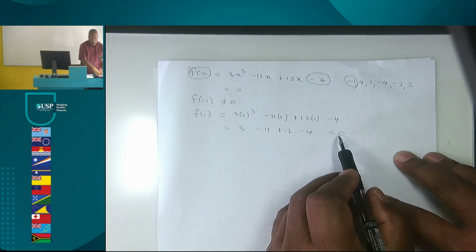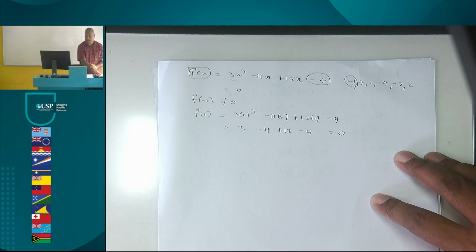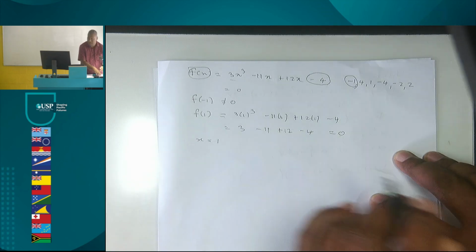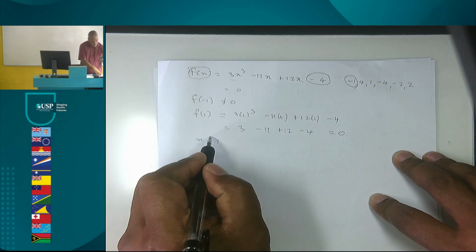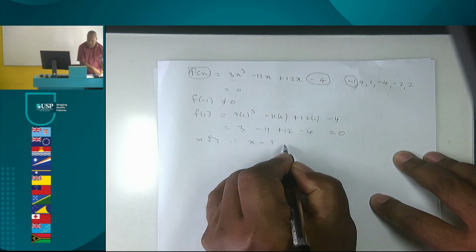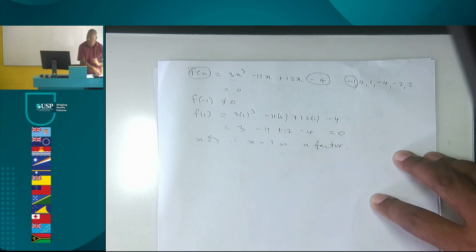So we've got a remainder of 0. Once I've done this, what does that tell me? Something is a factor. What is a factor? Not just 1. What x value did we substitute? Take the 1 to the left. Therefore x minus 1 is a factor.